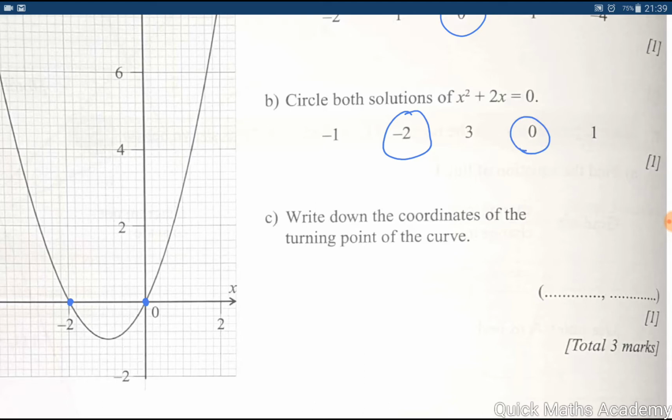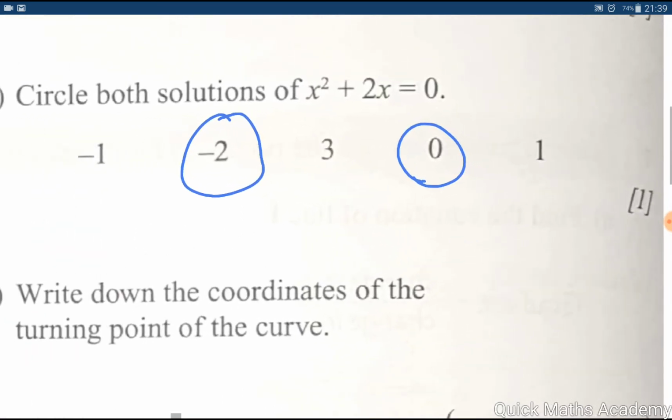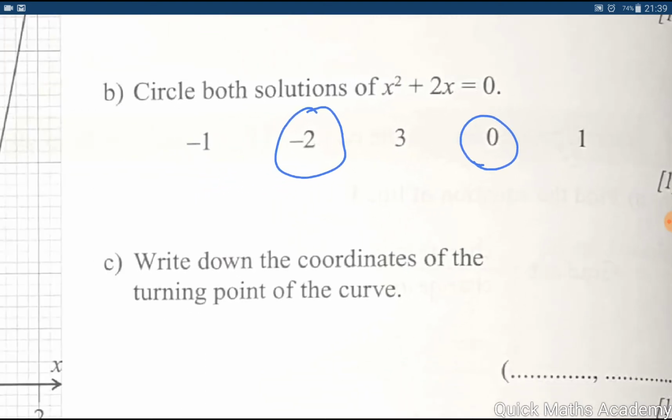Of course, there is another way, an analytic form. If I didn't have the chart, let's solve it without the chart. When I try to solve this, x squared plus 2x equals 0, I can factorize this, and I have x times (x plus 2) equals 0.